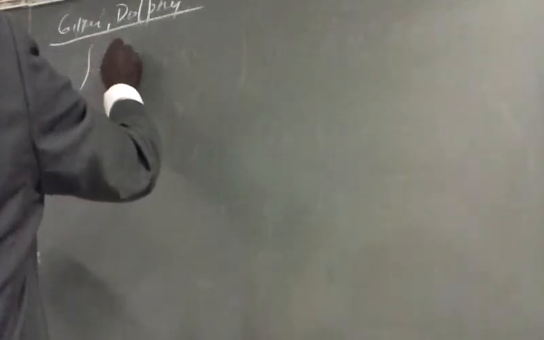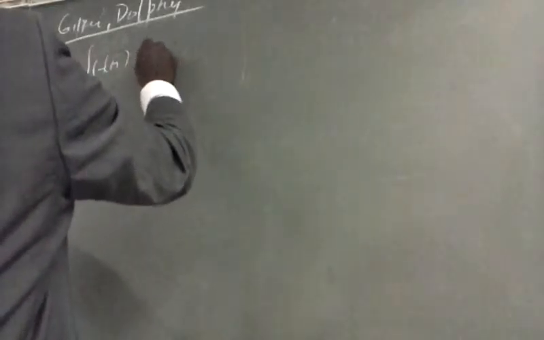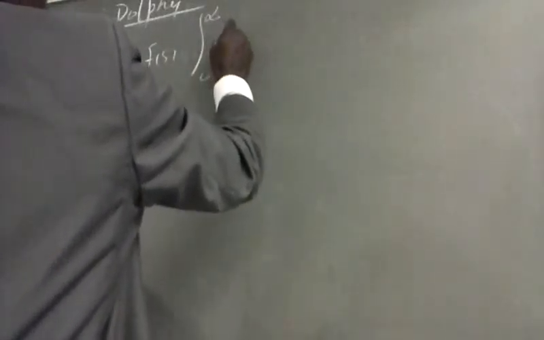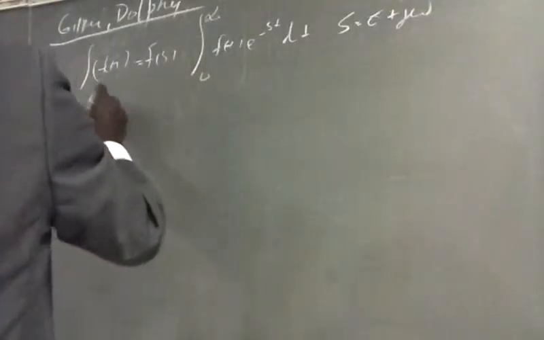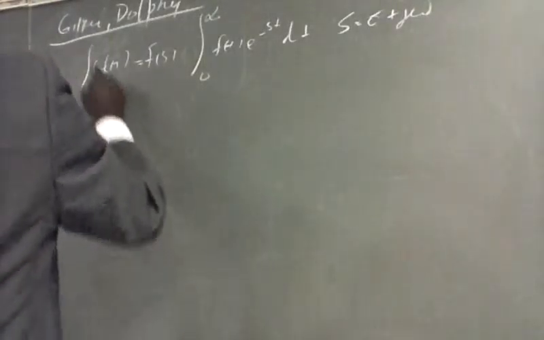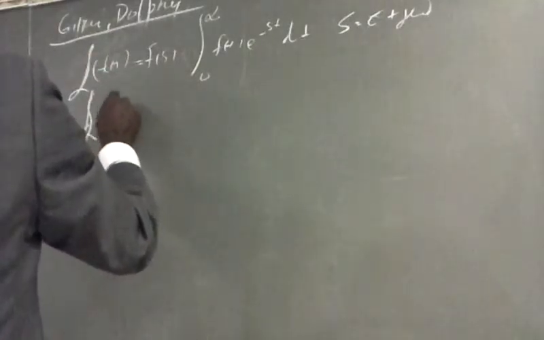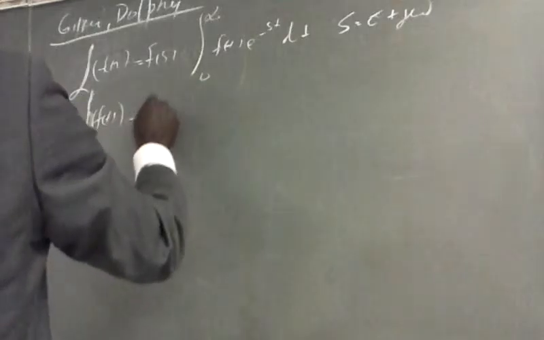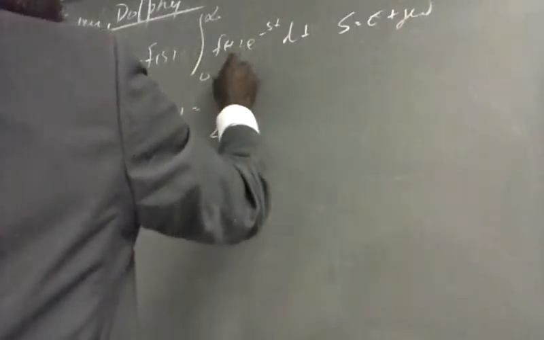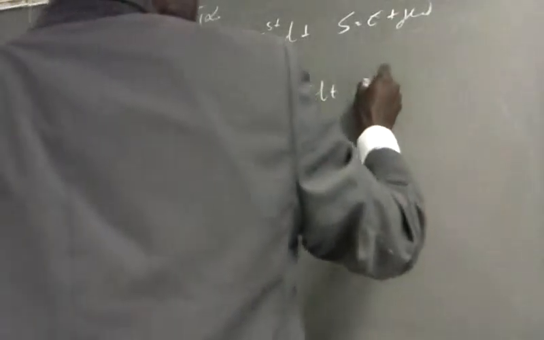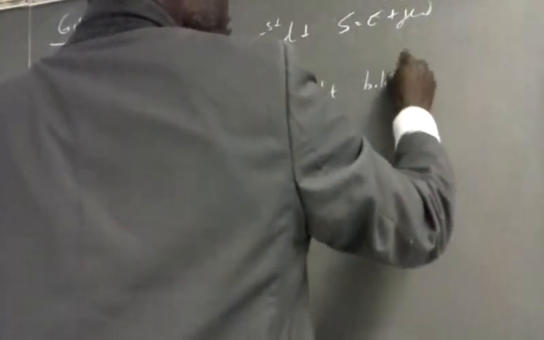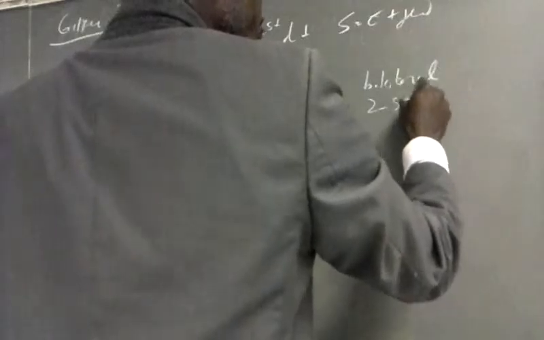And so we gave you before the unilateral: F of s equals the integral from 0 to infinity of f of t e to the minus st dt. And the bilateral Laplace transform once more is the integral from minus infinity to infinity of f of t e to the minus st dt. Bilateral, two-sided.